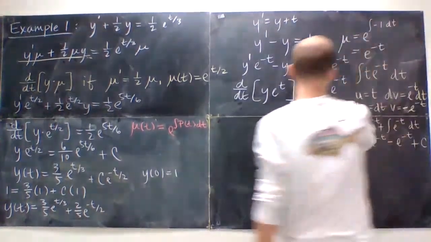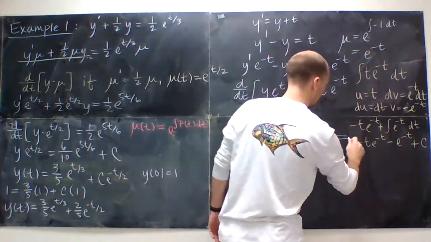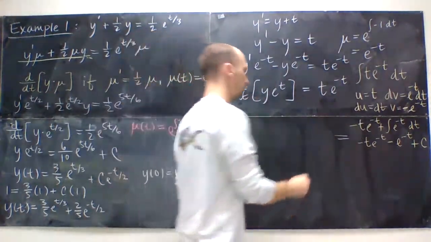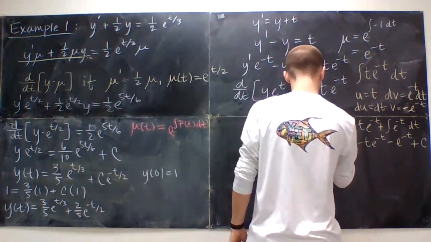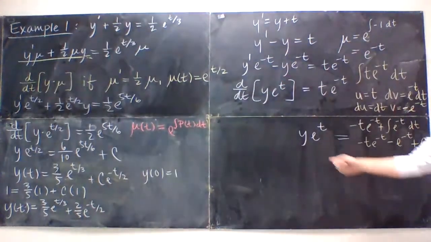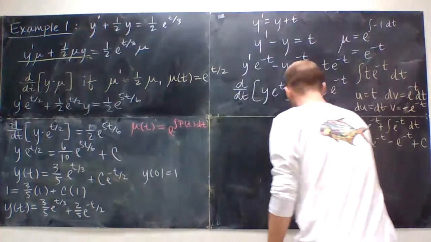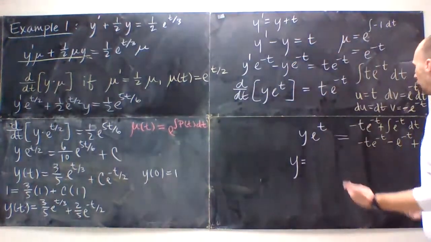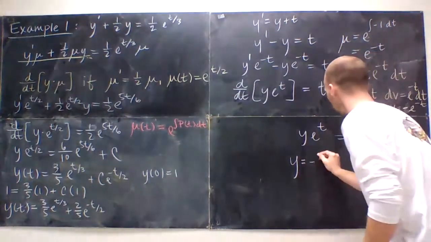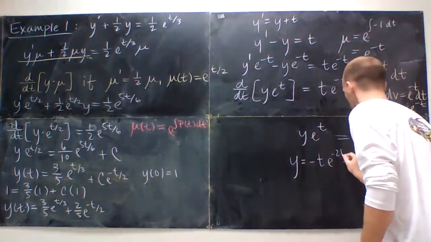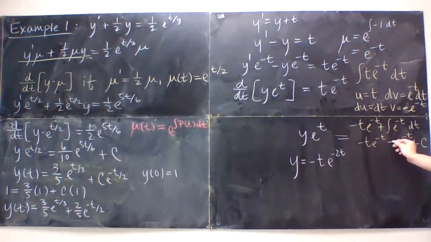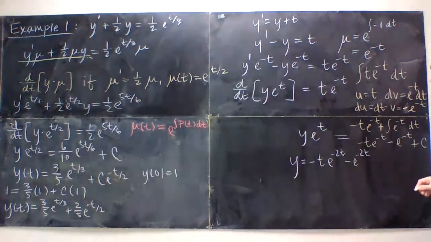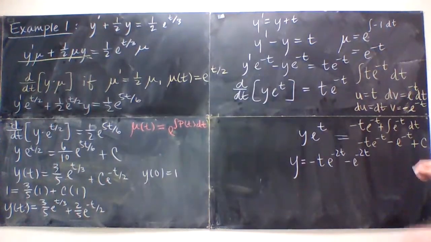All right, so when I anti-differentiate this side, I'm going to get this antiderivative here. I anti-differentiate this side, I'm going to get y e to the negative t. And so I'm going to be able to get rid of the e to the negative t and just solve for my general solution. Y is going to be, when I divide by e to the negative t, I'm multiplying by e to the t. So I'll have negative t e to the negative t minus e to the negative t. Hold on.